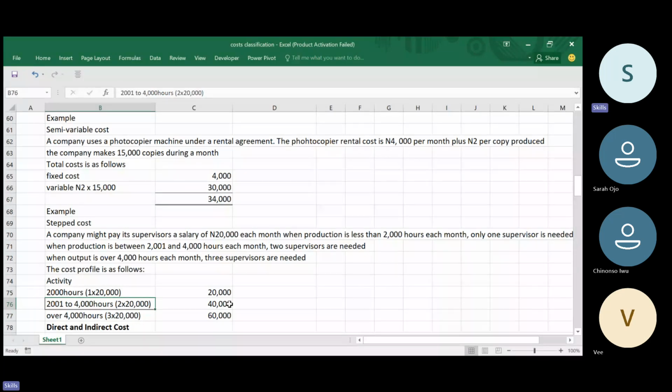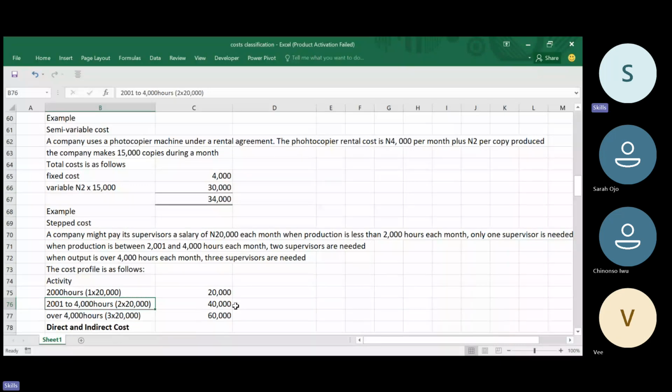So for the 2,000 hours, only 1 supervisor needed, we will spend 20,000. Therefore, 2001 to 4,000 hours work, we need 2 supervisors, and 2 supervisors at 20,000 per supervisor will give us 40,000 naira. That will be the cost for 2001 to 4,000 hours of supervisors.